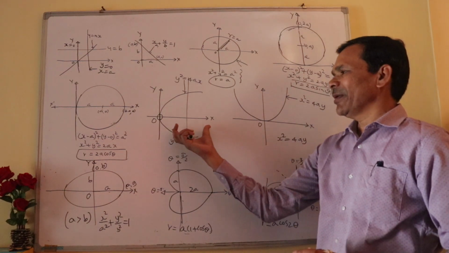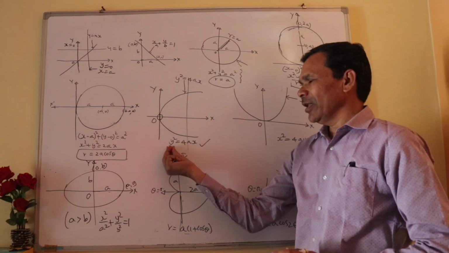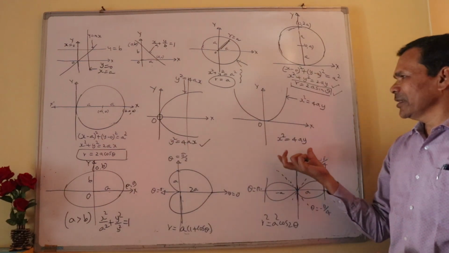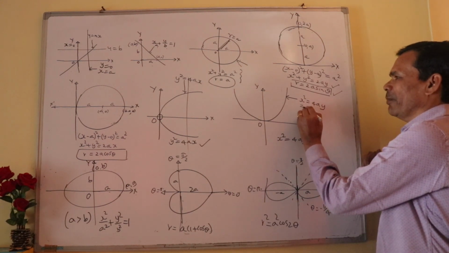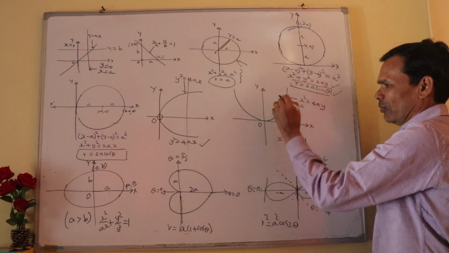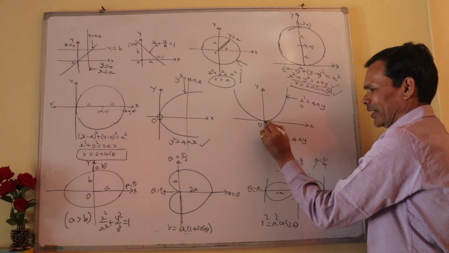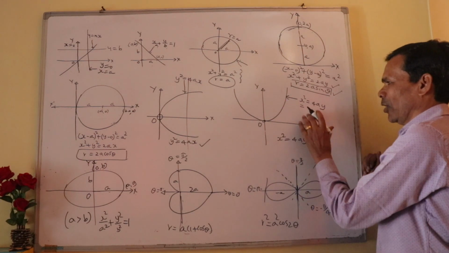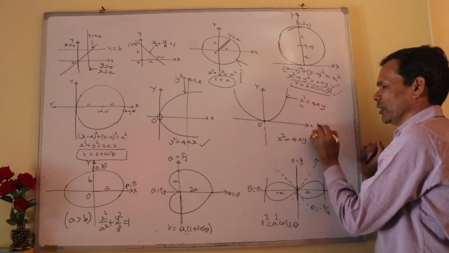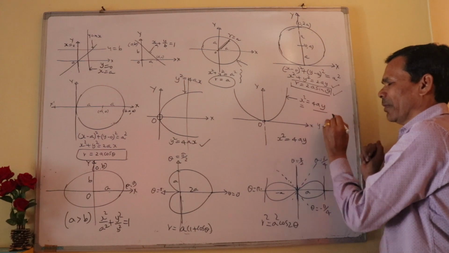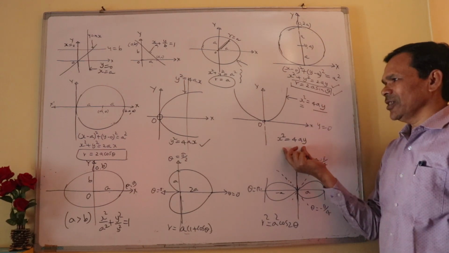This parabola is symmetrical about the x-axis because all the powers of y are even. Similarly, for this parabola x square equal to 4ay, even powers of x, so it is symmetrical about the y-axis. The vertex is at origin again for both parabolas because they pass through the origin, and the tangent at origin is y equal to 0 by equating the lowest degree terms. So this is the parabola.